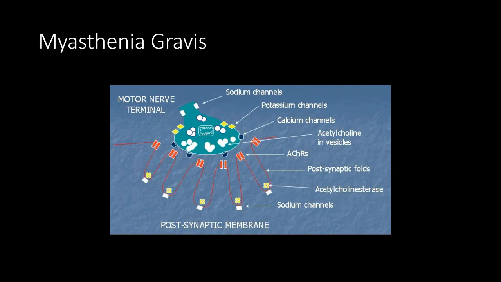So going back to this picture of the neuromuscular junction, remember, there are vesicles of acetylcholine in the motor nerve terminal, but these are actually present in three different stores. There's the primary store that is ready for immediate release as soon as the motor nerve depolarizes.